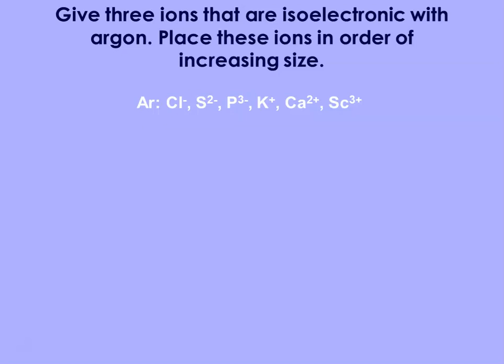The ones that are larger are going to have more electrons and not as many protons, so they're not going to be as attracted to them. So your more negative isoelectronic ions are going to be larger. In order, we would go from scandium to calcium to potassium, then our neutral atom argon, and then our negatively charged ions from smallest to largest: chlorine minus, S2 minus, and P3 minus.